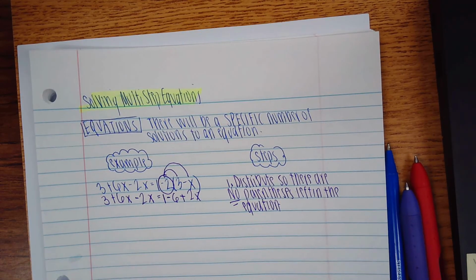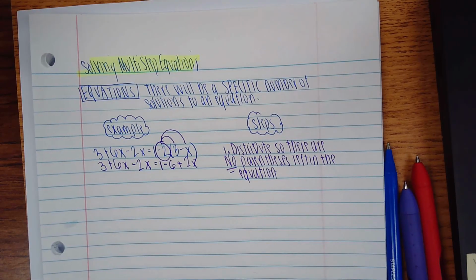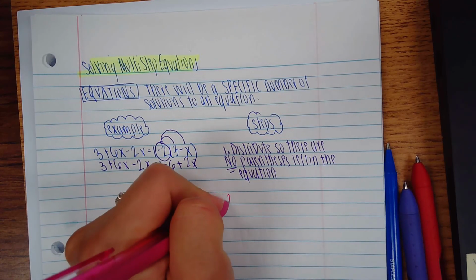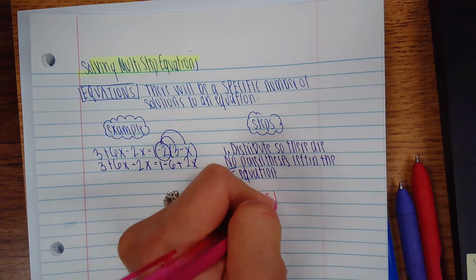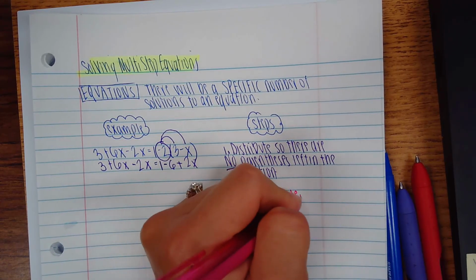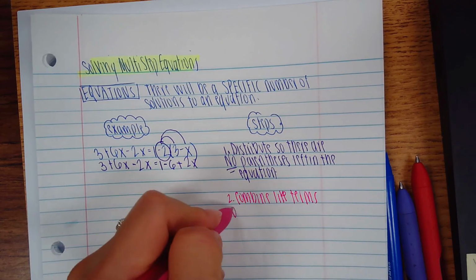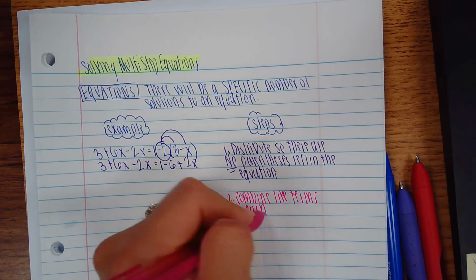All right, I've distributed. Next step, I'm going to combine like terms on each side of the equation.